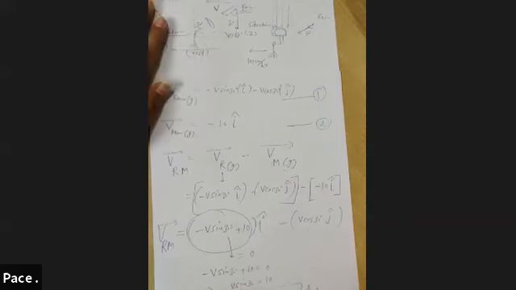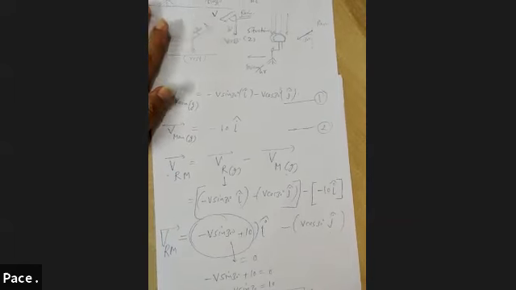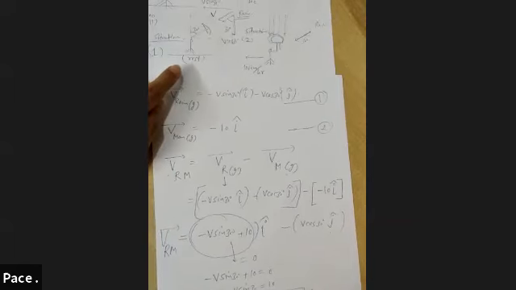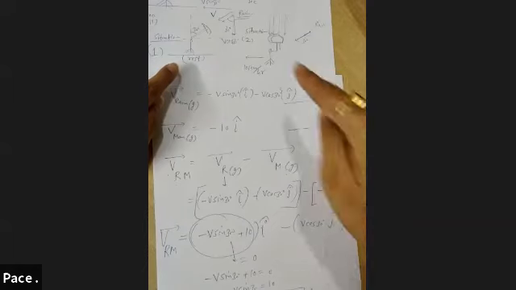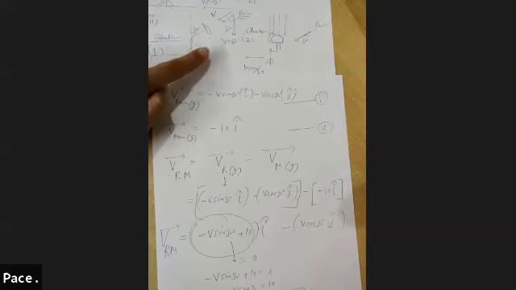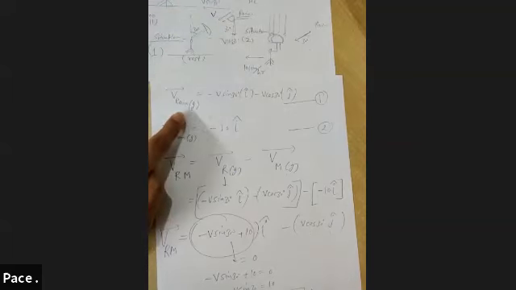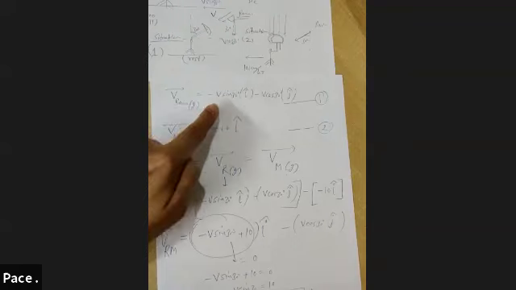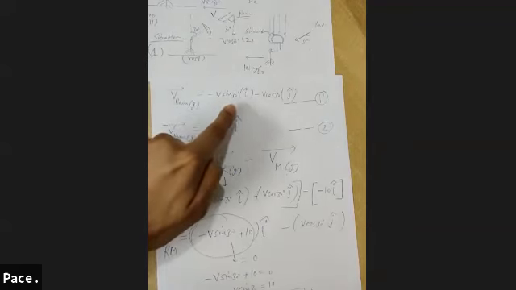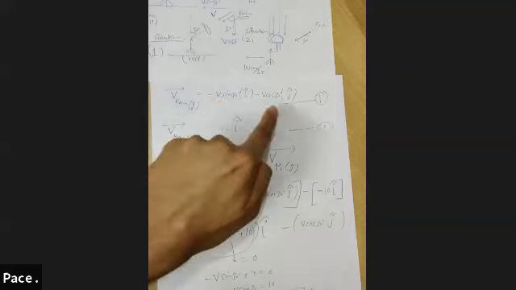I'm explaining it again. Initially, this man was at rest in situation one and it was raining. With respect to ground, rain was falling at an angle of 30 degree with vertical. So I found out the horizontal and vertical components of rain. In vector form, the velocity of rain with respect to ground is minus V sin 30 i cap towards left and minus V cos 30 j cap in downward direction.